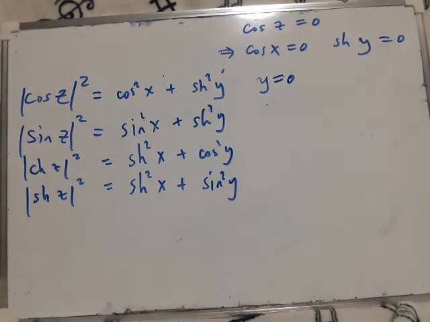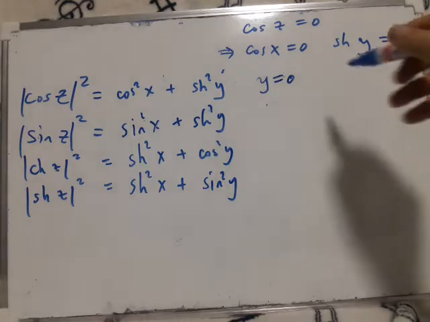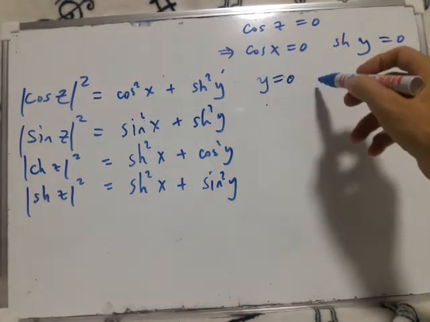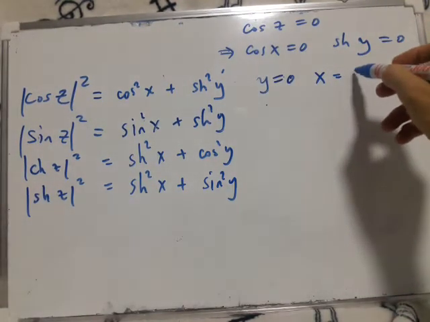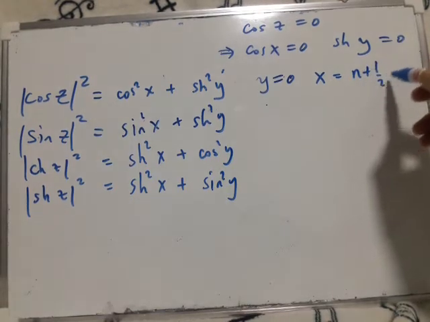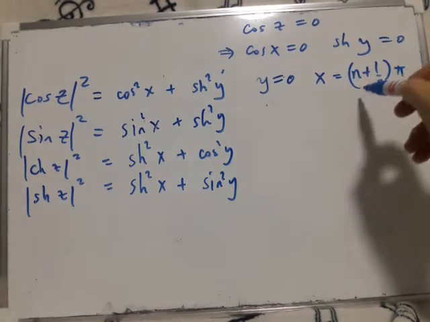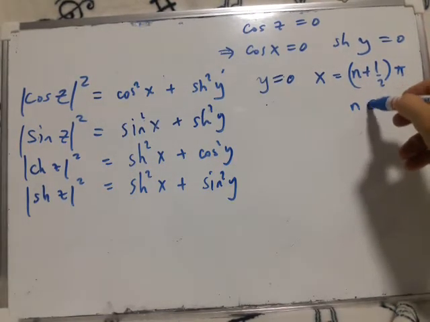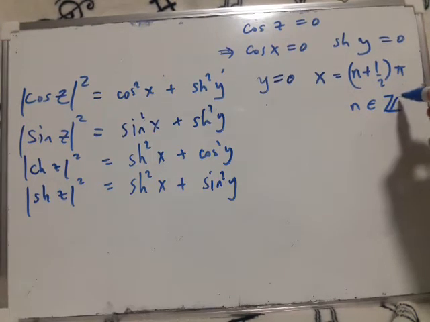So it has to be real. Okay, so the only zeros of cos are real, and we already know what they are. Cos x equals 0 implies that x is n plus a half pi, where n is any integer.